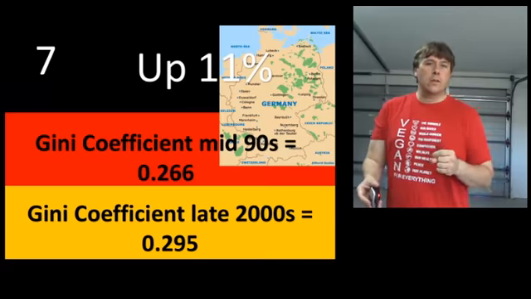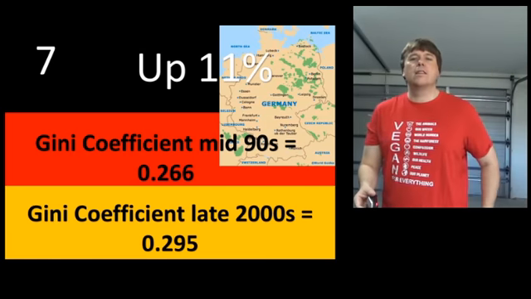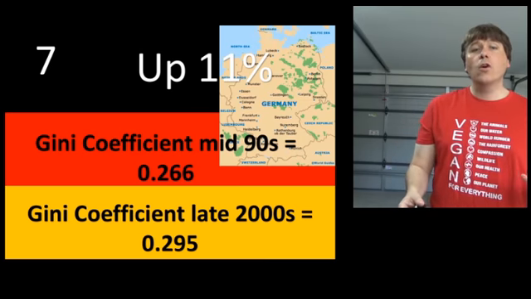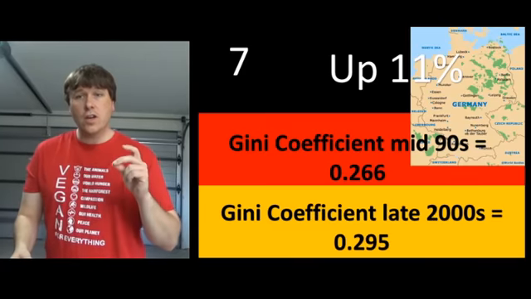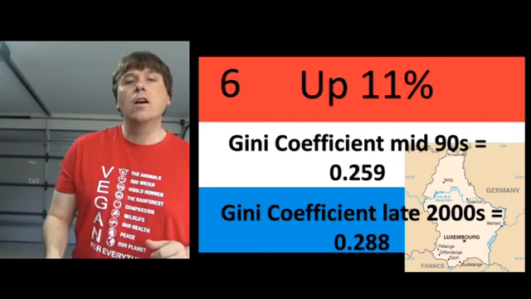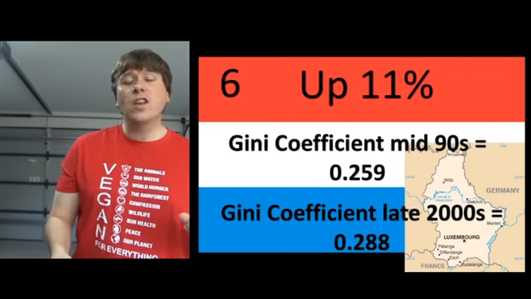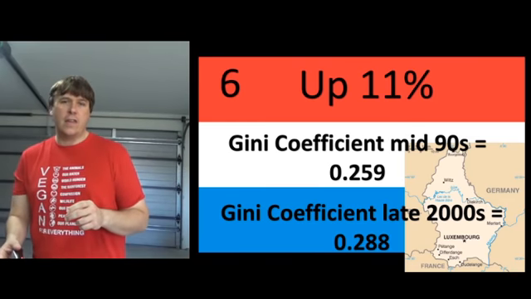Number 7, we have Germany, and that's gone up by 11%, from 0.266 in the mid-90s all the way up to 0.295 in the late 2000s. At number 6, we have Luxembourg, which is up 11%, from a reasonably low 0.259 to still a reasonably low 0.288 in the late 2000s.